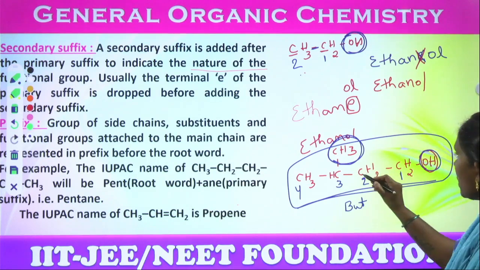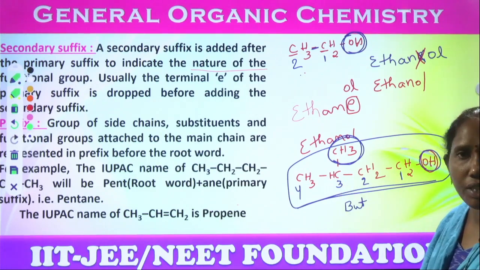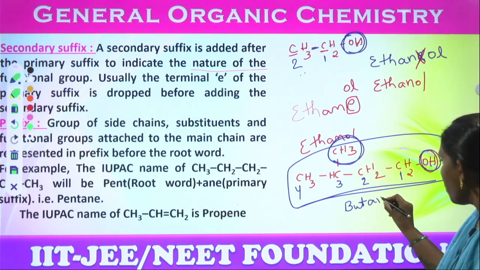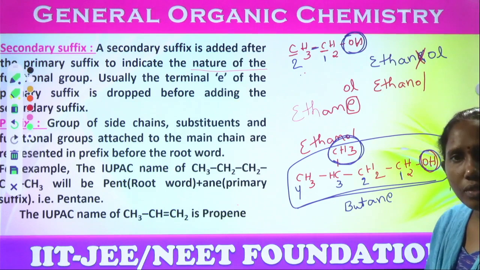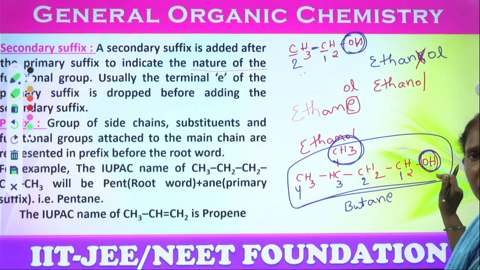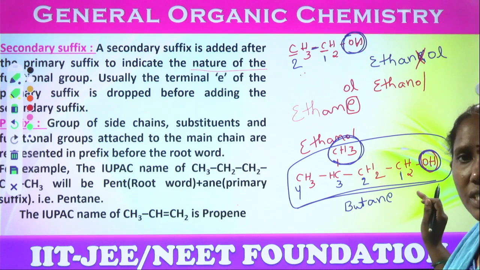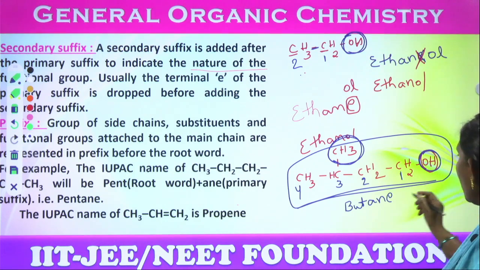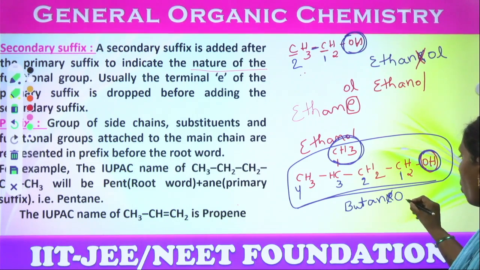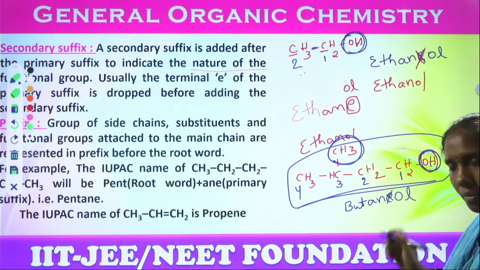All the carbons have only single bonds between them, so I will take the primary suffix ane. But here one functional group is present that represents the secondary suffix, that is alcohol. Its suffix is ol. Then I will drop the e, and in place of e I will take ol: butanol.